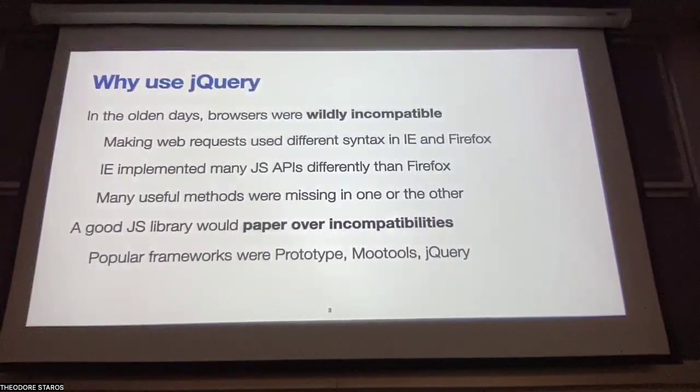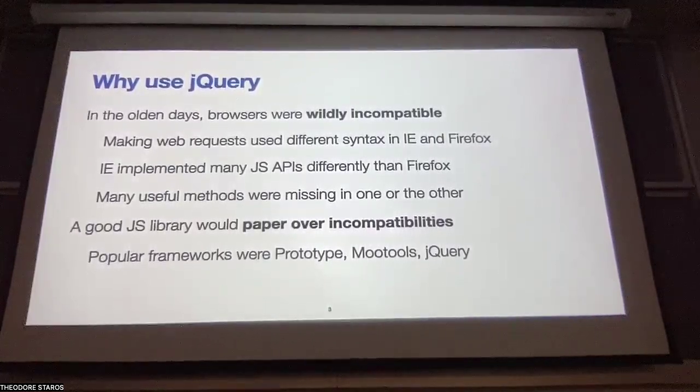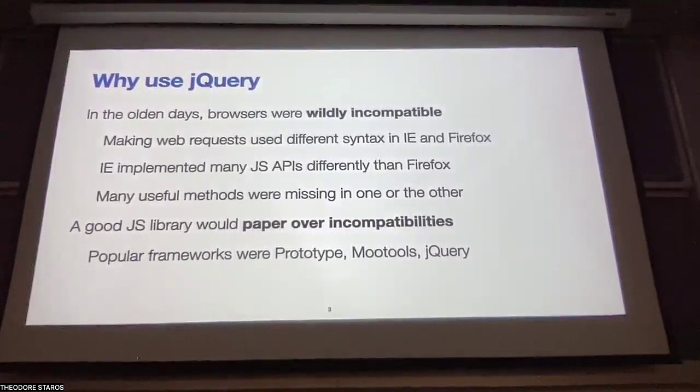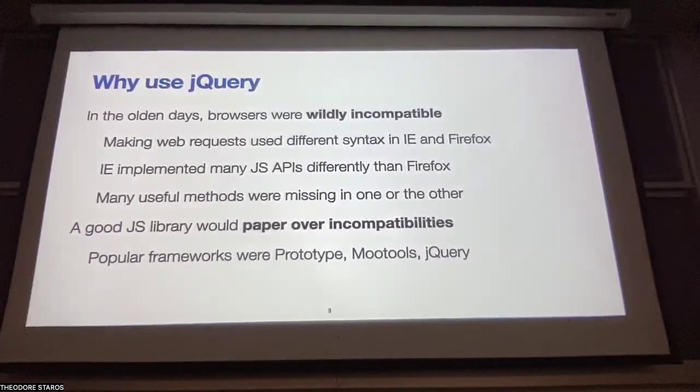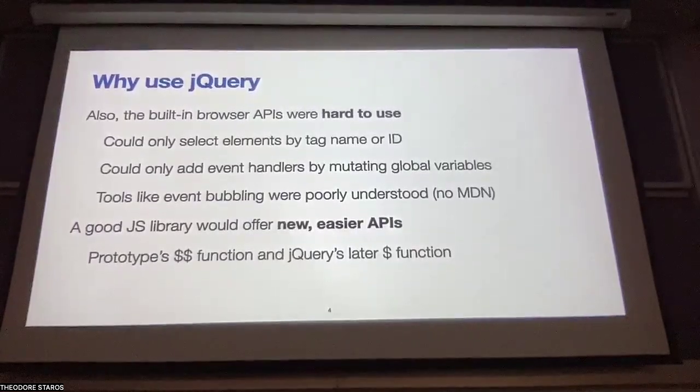And a lot of stuff was missing from one or the other. Firefox had support for XPath, which was missing in Internet Explorer, which was useful for some things. But Internet Explorer had ActiveX controls, which provided their own weird collection of features that weren't available in Firefox. Basically, back in those days, you'd use a good JavaScript library just to make the different browsers behave somewhat reasonably. And that's a lot of the value that jQuery provides.